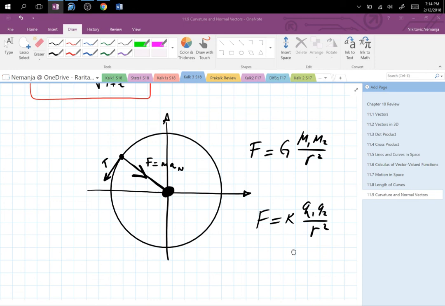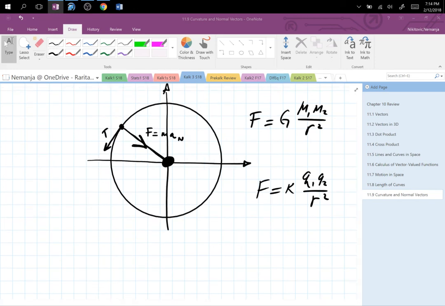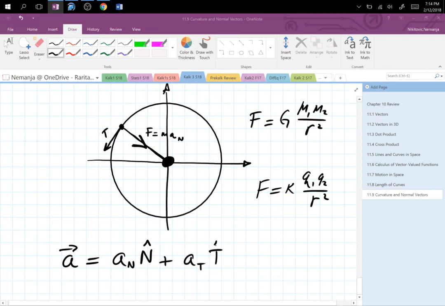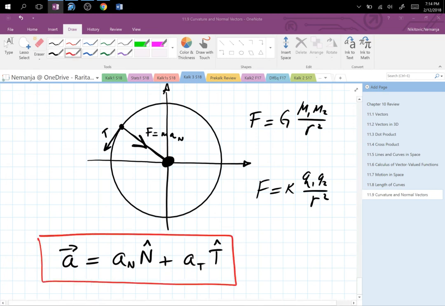Good. So the acceleration is going to be the normal component times the normal vector plus the tangential component times the tangential vector. Again, this is for your physics and later on dynamics, statics too. These are just regular components of any vector that you have.